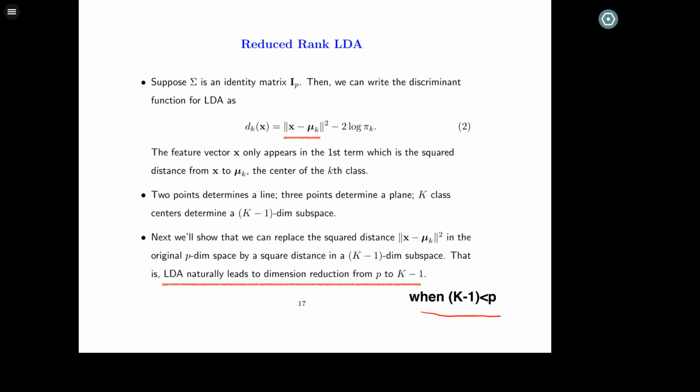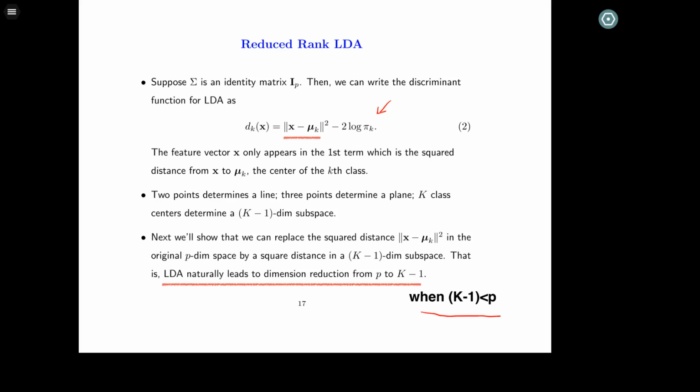It is actually equal to this. The first term is basically the ordinary Euclidean distance between the point x and the class center mu k. So x only appears there. It is just the L2 distance to the class center, because what's relevant is only the distance to those class centers.